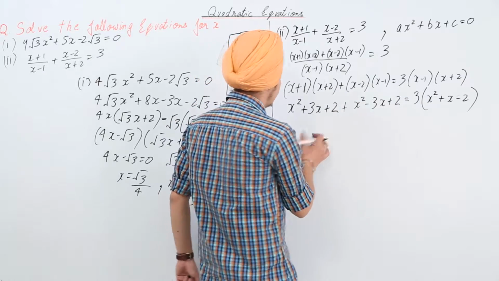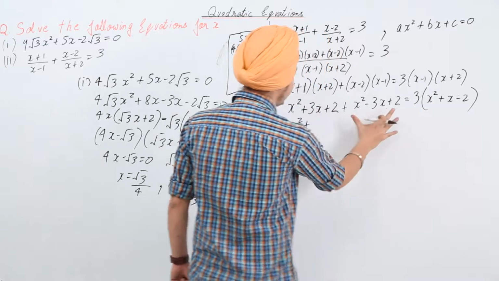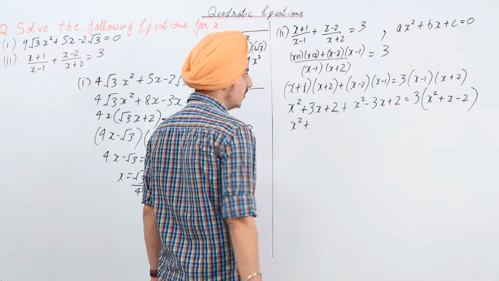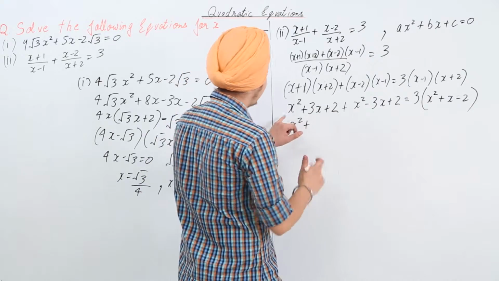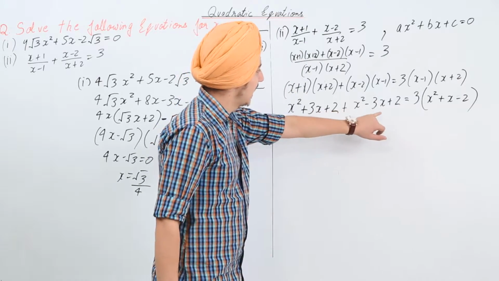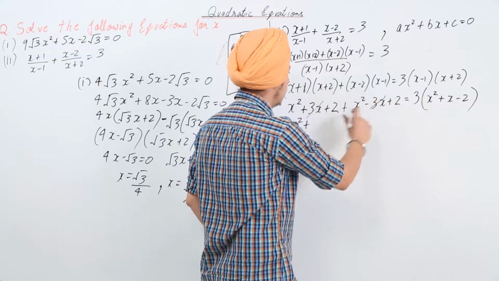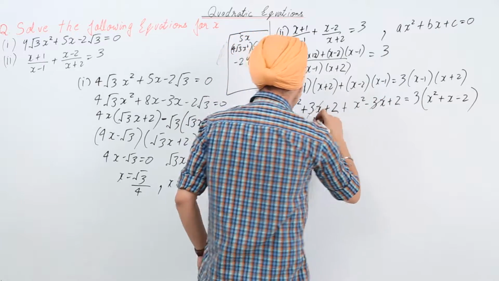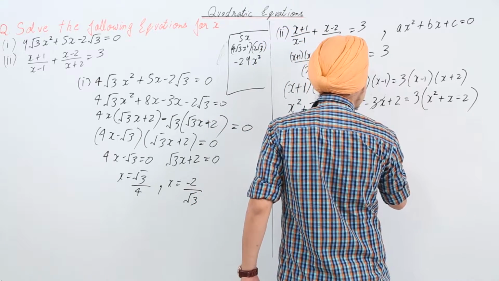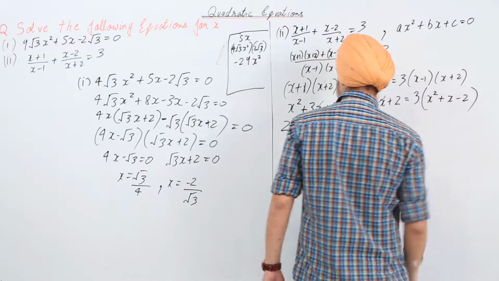Now we again write this, we just combine all the terms with x square, then with x, and then all the constants. So we have x square and x square, that is 2x square, plus 3x and minus 3x, that is 0. So these two terms are cut, plus we have 2 plus 2 is 4, is equal to 3x square plus 3x minus 6.